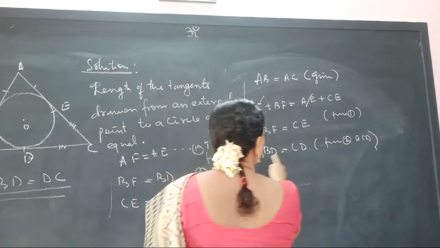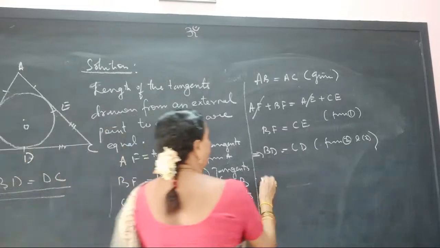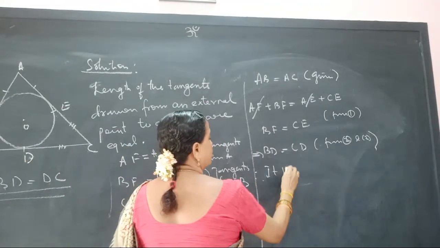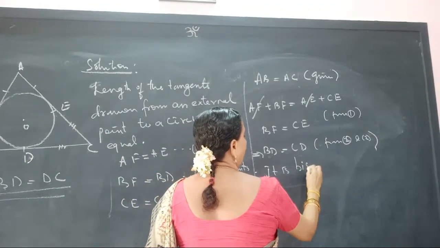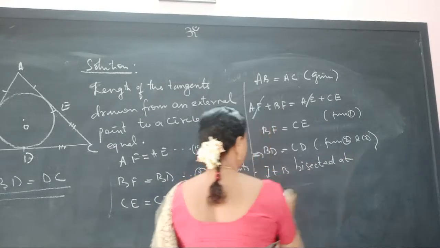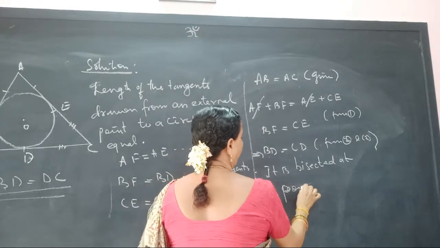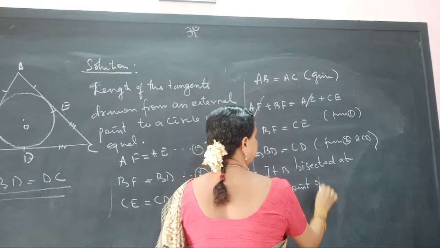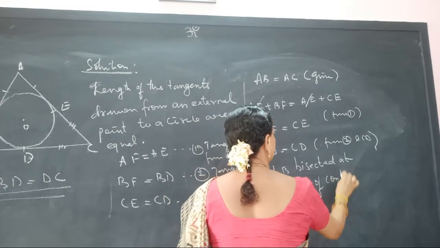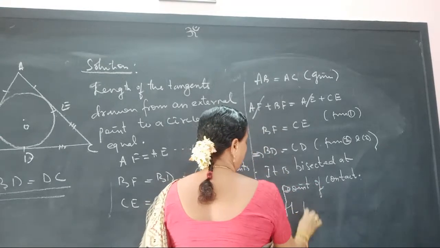So when BD is equal to CD, what can we write? Therefore, it is bisected at the point of contact. Hence proved.